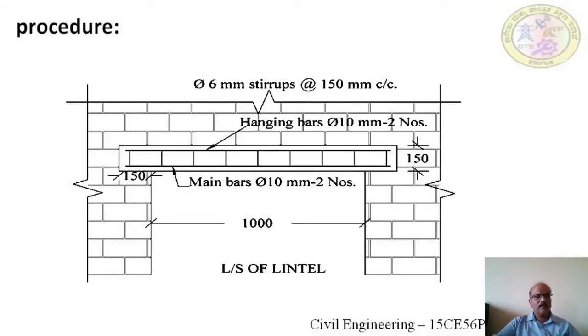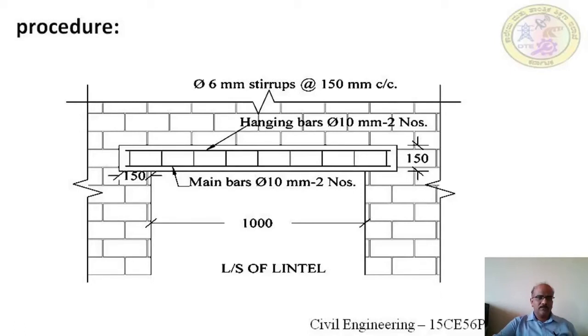Here the longitudinal section of the lintel is given. The size of the opening is 1000 mm. All dimensions are given in mm. 1000 mm, 1 meter. Then the lintel bearing on either side is taken as 150 mm and 150 mm. Then the depth of the lintel is 150 mm.